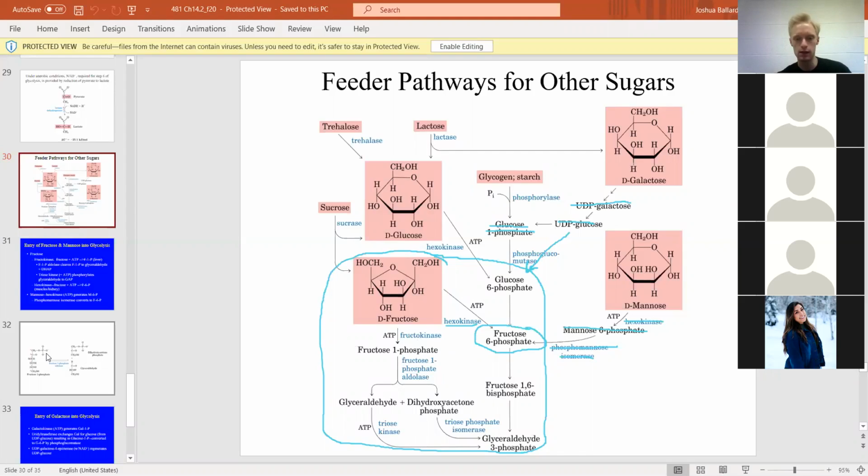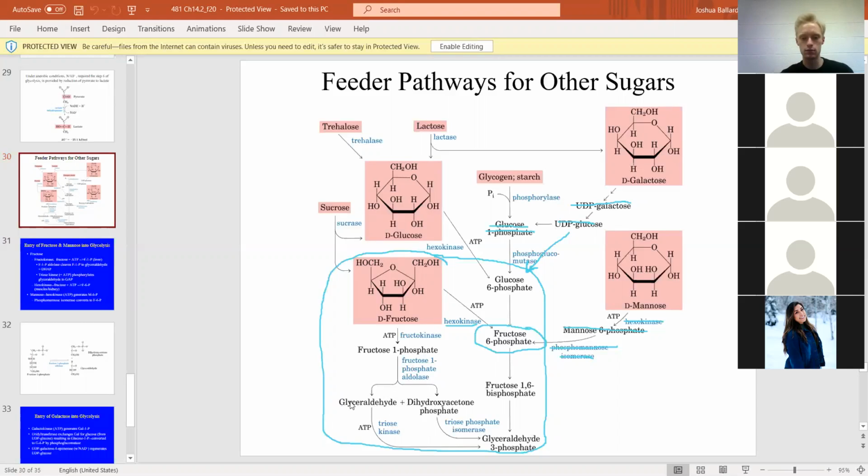Hexokinase is muscle. I drew this one out because it seemed a little more complicated, but again, look for clues from the enzymes that are involved. With fructokinase, we look at phosphofructokinase in glycolysis, where we add a phosphate group to the first carbon. So fructokinase adds a phosphate to the first carbon, giving us fructose 1-phosphate. Then just remember, we have an aldolase that splits it into 2.